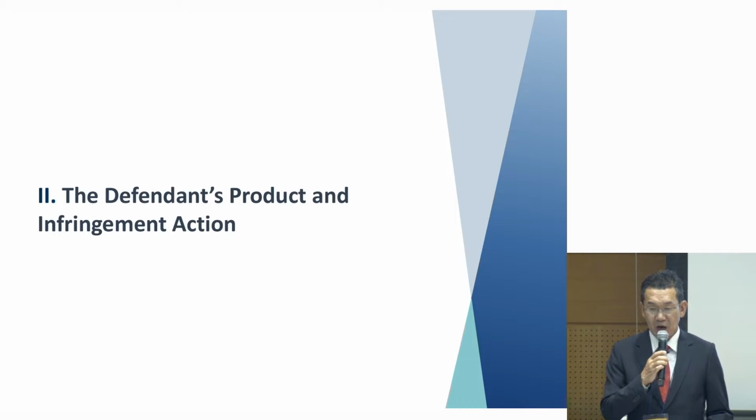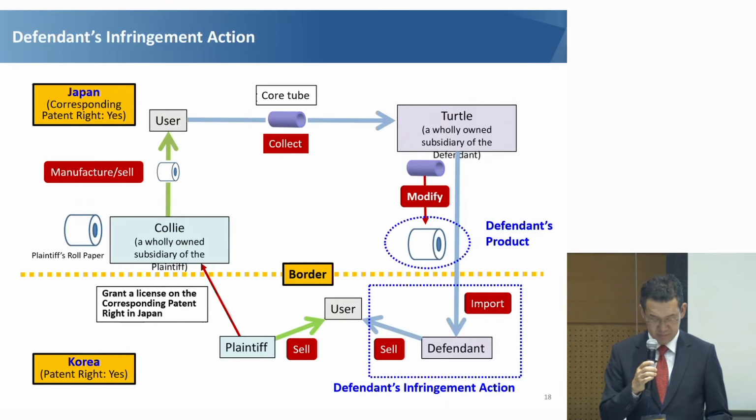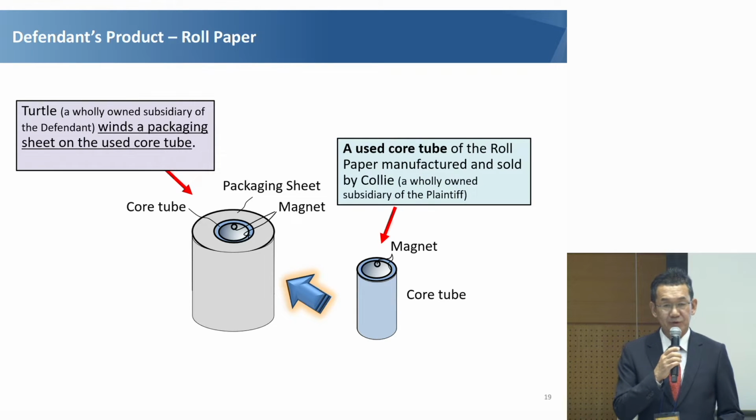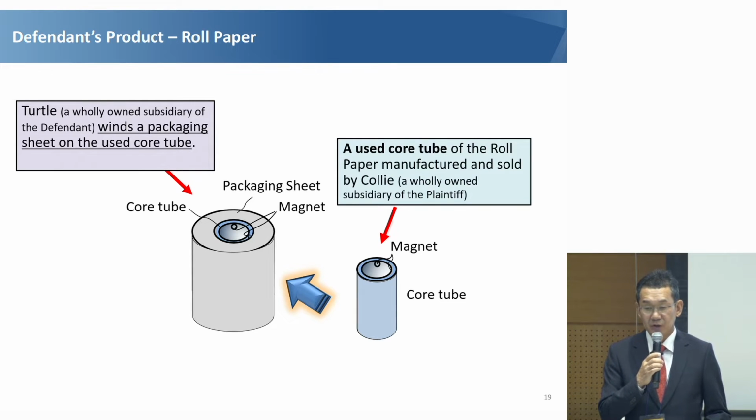So from now, I will present my argument on the accused product and the infringement action. The accused product, as you know, is made by a wholly owned subsidiary of the defendant that winds the packaging sheet on the used core tube.